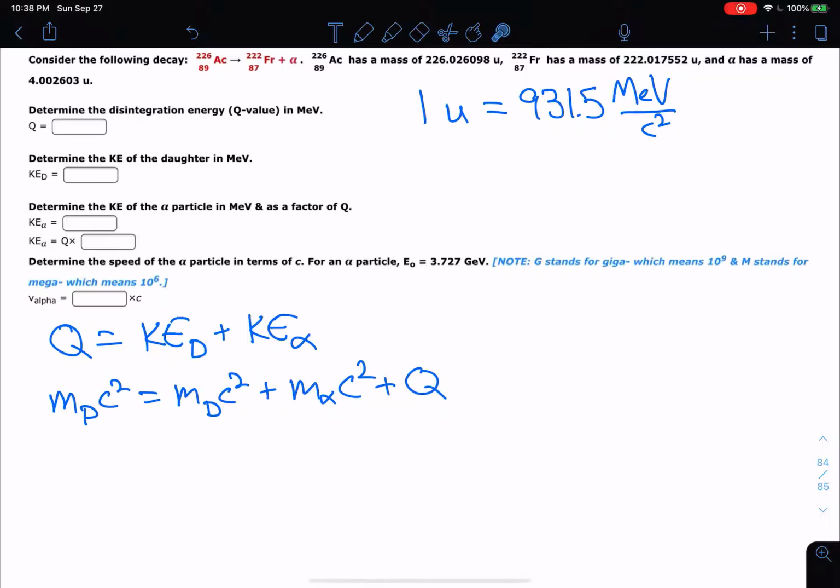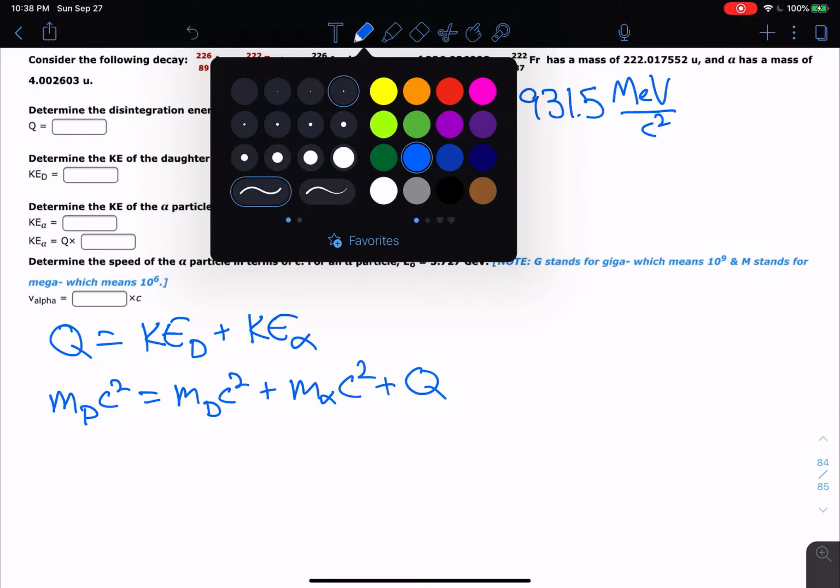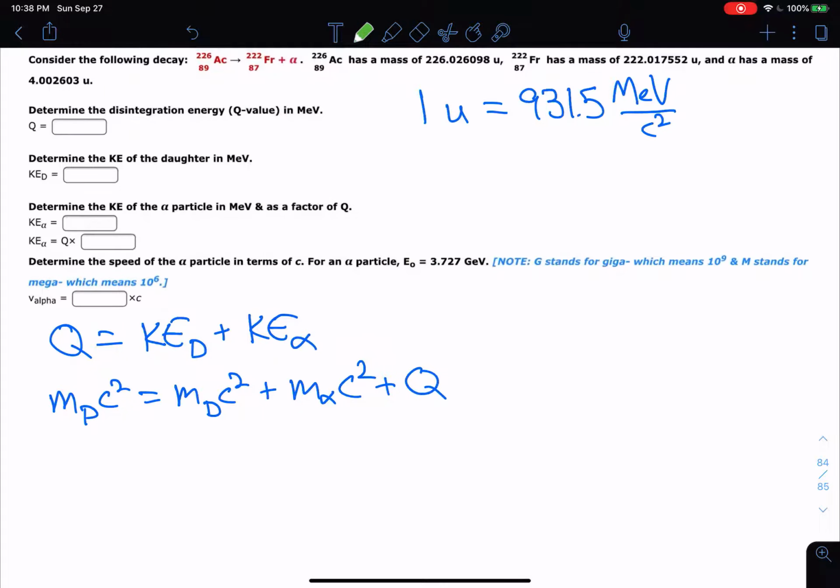And that's figuring out the kinetic energy of the daughter. Because you go through this and you get Q, that's great, but you still have two unknowns in this formula. So how are we going to get the kinetic energy of the daughter? The answer is we're going to use momentum. From conservation of momentum in the parent's frame, the initial momentum of my system has to equal the final momentum of the system. Initially in the parent frame, there's no momentum because the parent nucleus isn't moving.